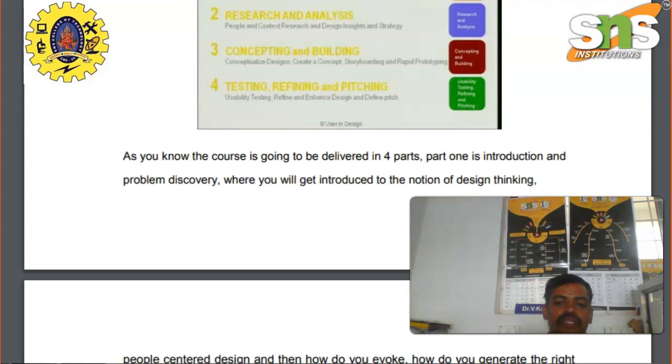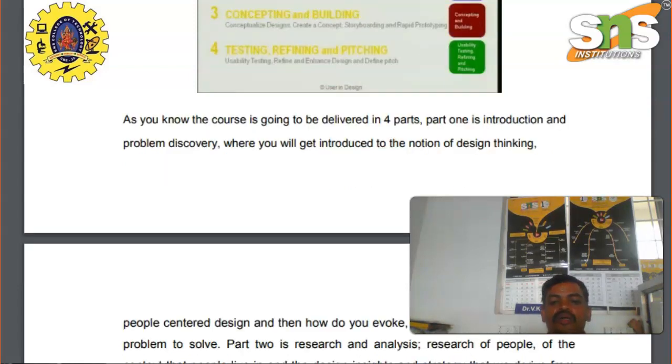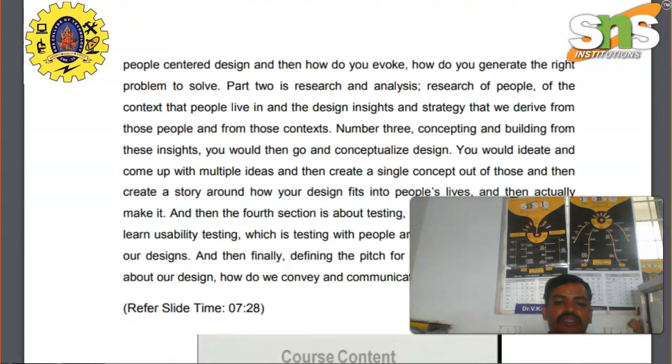Part 1 is introduction and problem discovery, where you will get an introduction to the notions of design thinking and people-centered design, and then how to generate the right problem to solve. Part 2 is research and analysis, researching the people and the contexts that people live in, and the design insights and strategy that we derive from those people and from those contexts.